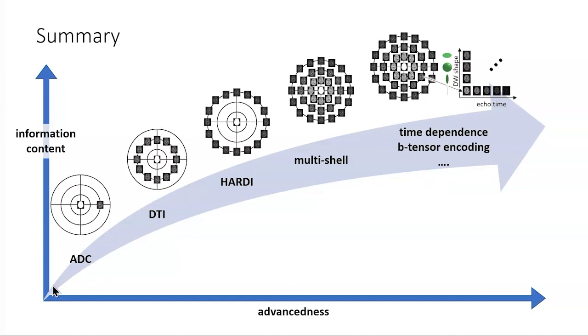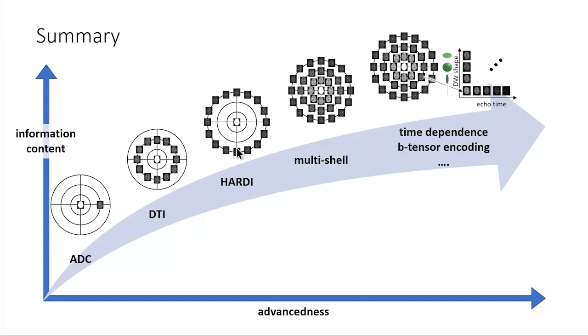Okay, so to summarize, I started with a simple ADC measurement, which only involved a single diffusion-weighted image along a single direction and a single B value. Then we went to DTI, which added the directional dependence.